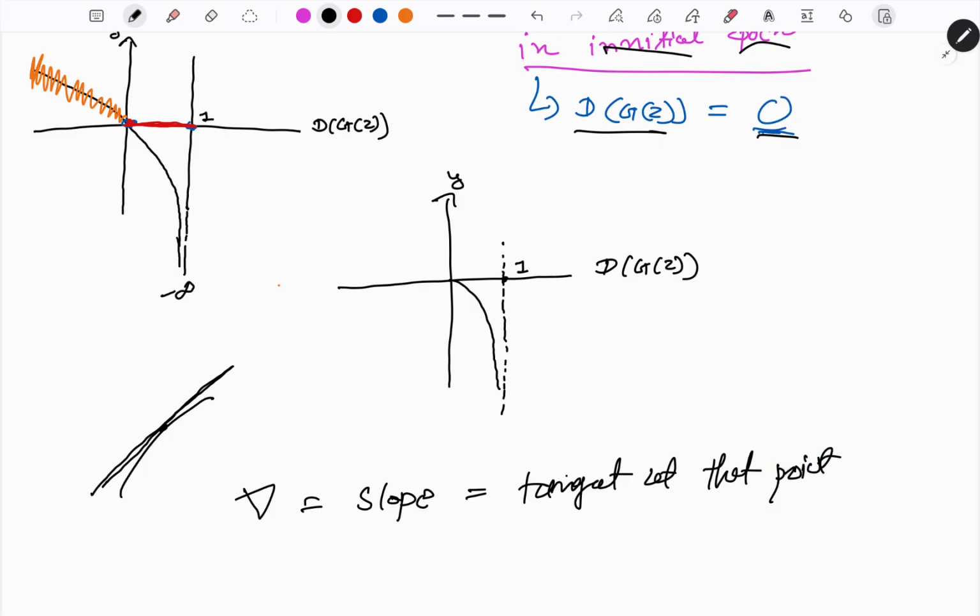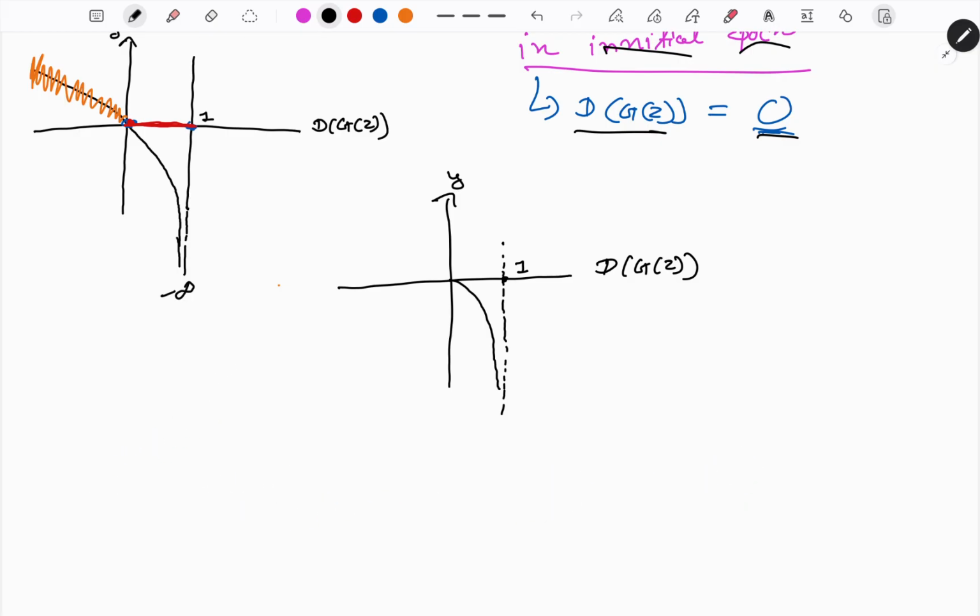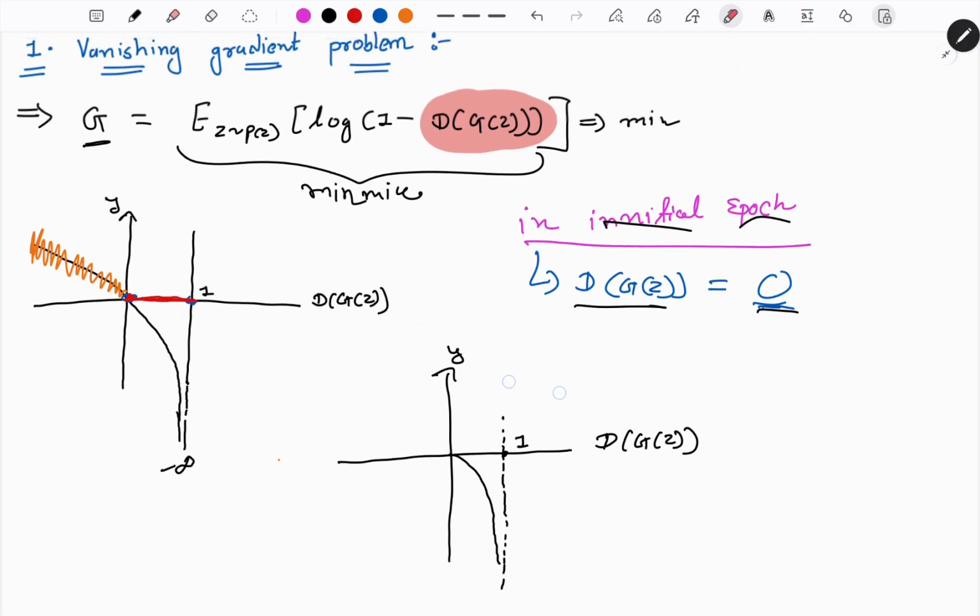So for calculating the derivative, we are eventually calculating the slope, and slope means drawing a tangent. If you draw a tangent at this particular point, it looks like this, and you can see it is near 0. Why? Because at that point your derivative becomes 0.